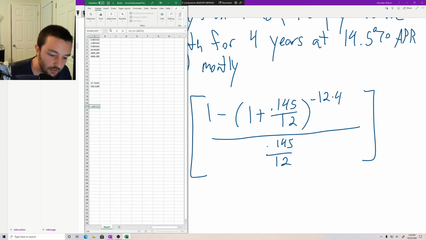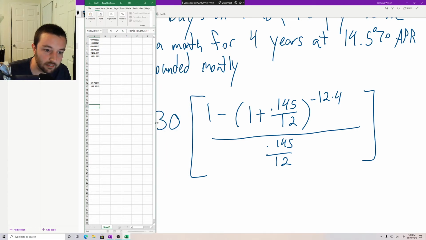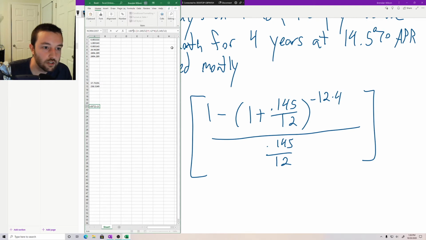Close that parentheses. We want to raise this, and then we need a parentheses for the exponent because we're multiplying it first. Now we can close off the top parentheses. Divided by bottom parentheses is 0.145 divided by 12. And overall, I forgot we're multiplying by 30, right? So this is everything. So we're going to get 1087.83.